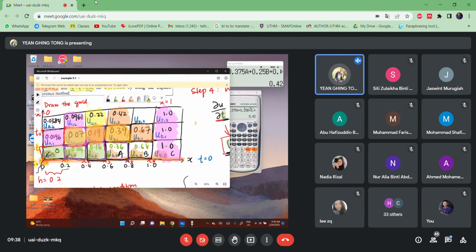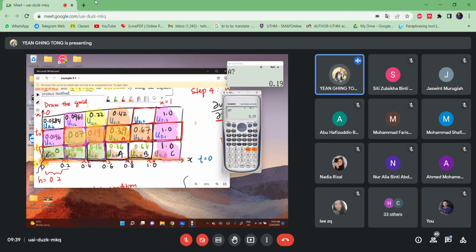And the last one, that means we'll find the value of U42. So this is Uij, this is Ui plus 1j, this is Ui minus 1j. So this is A, this is B, this is C. So press equals.